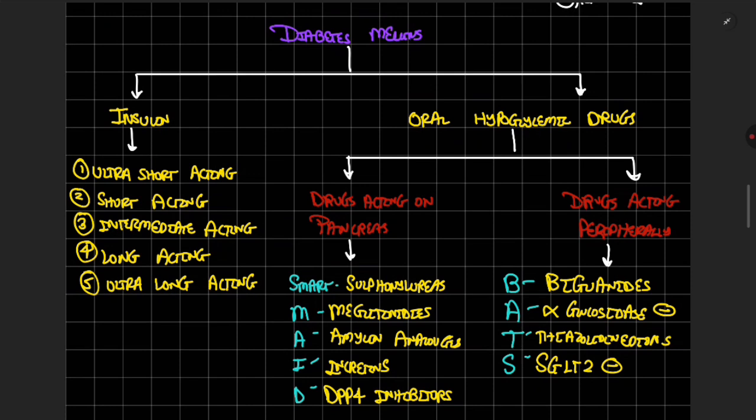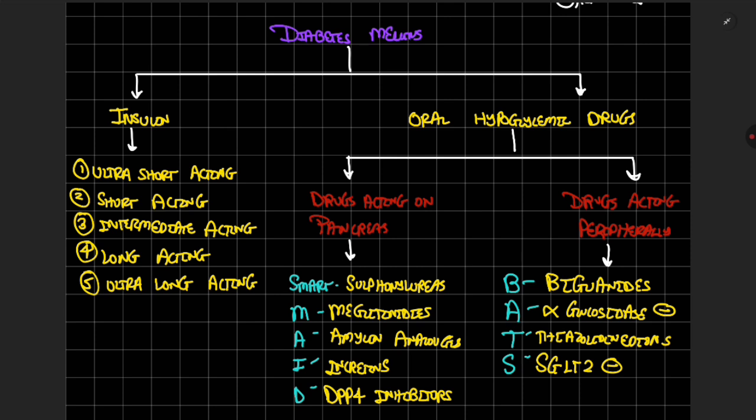Under classification we see two types, insulin and oral hypoglycemic drugs. Under insulin we see ultra short acting, short acting, intermediate acting, long acting, and then ultra long acting. Under oral hypoglycemic drugs, the further classification is the drugs which act on the pancreas and the drugs which act on the peripheral organs. Under pancreas, the mnemonic says SMART MADE: sulfonylureas, meglitinides, amylin analogs, incretins, DPP4 inhibitors.